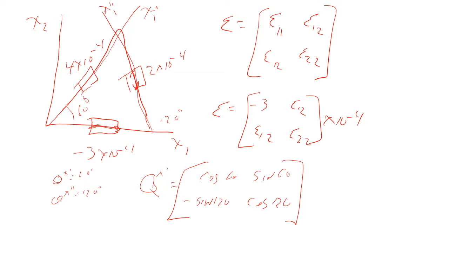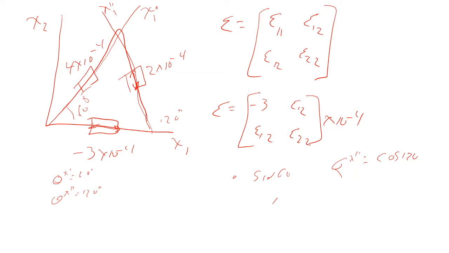Now, Q for x double prime is going to be cosine 120. Horrors. Okay. I screwed up all this.